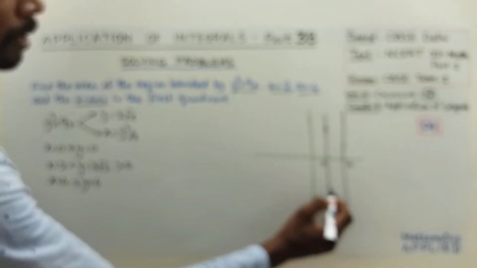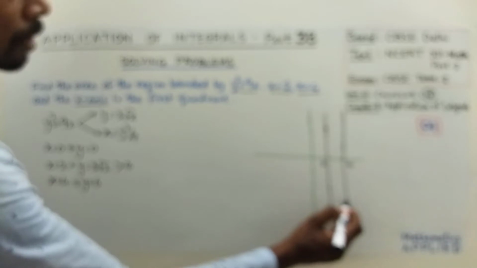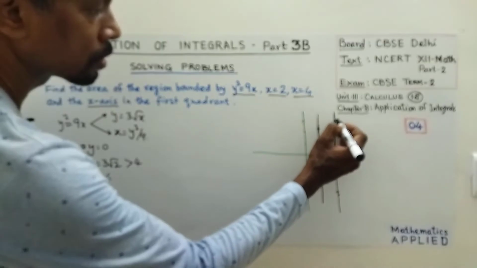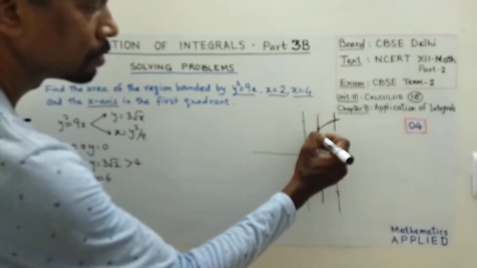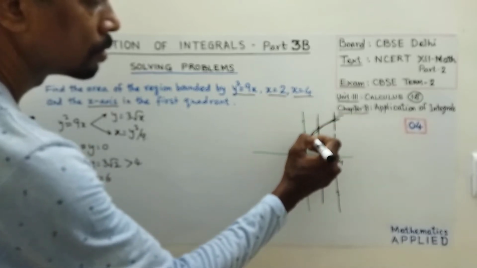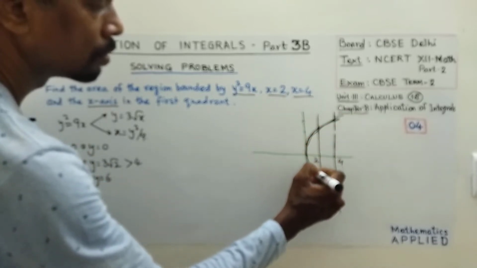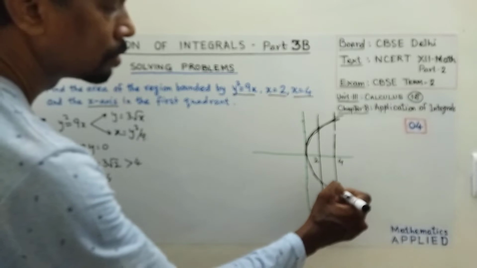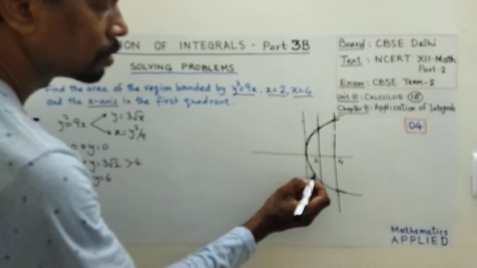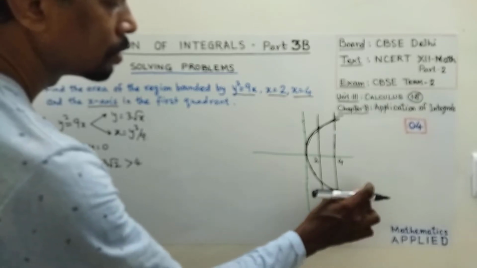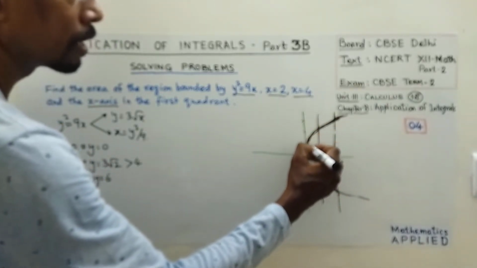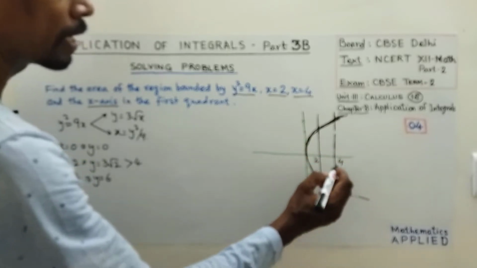Here we will mark, and here we will mark, and smoothen this curve. So this is y square equals 9x.